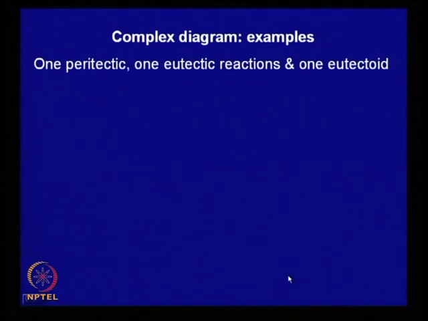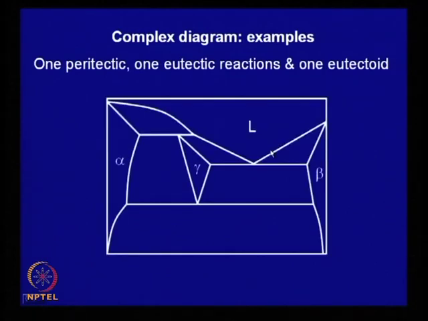Now, let us take up a case where there is one peritectic reaction, one eutectic reaction and another eutectoid reaction. You have 3 isothermal reactions. Now, how do you synthesize this? One example which is given is this. These are the single phase regions which have been labeled.